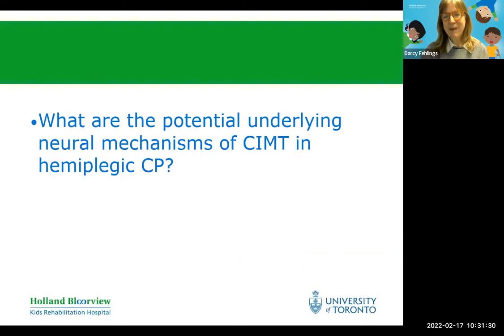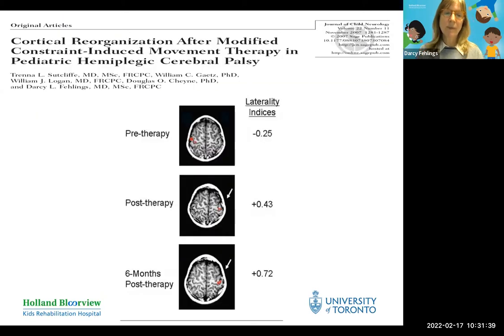So with that background information, what are some of the potential underlying neural mechanisms of constraint in hemiplegic cerebral palsy? This is some early research that we did with functional MRIs in children pre and post constraint therapy. One of the things we did was measure laterality indices.